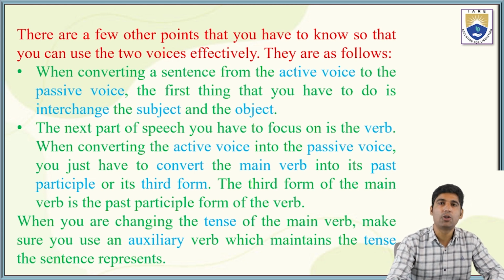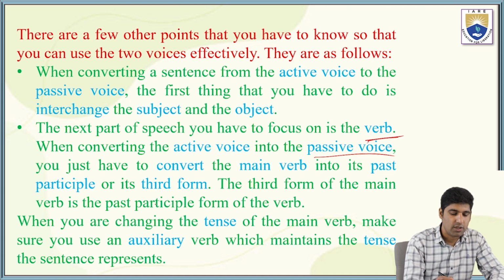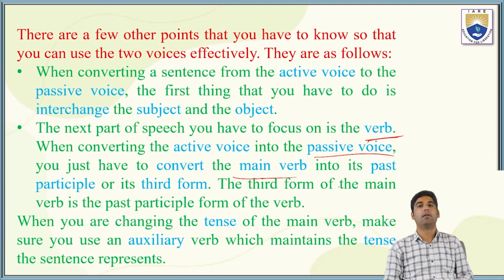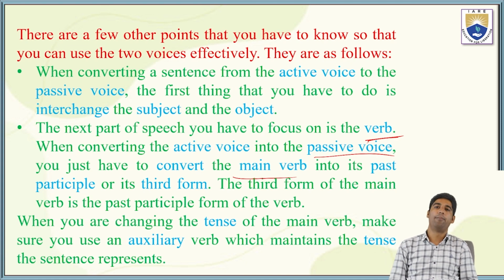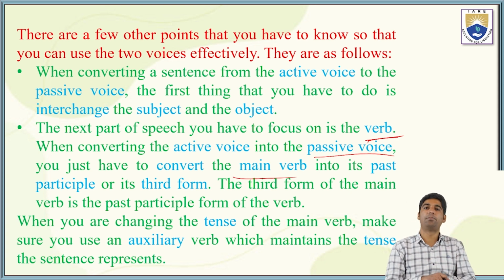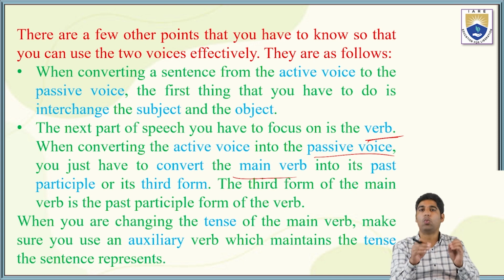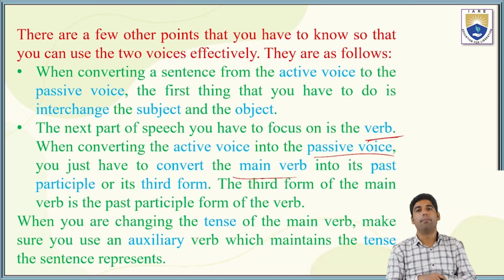Then, the next part of speech you have to focus on is verb. When converting the active voice into passive voice, you just have to convert the main verb into past participle or its third form. The first thing which you need to focus on is the interchange of subject and object. The second thing you need to work upon is to focus on the verb.